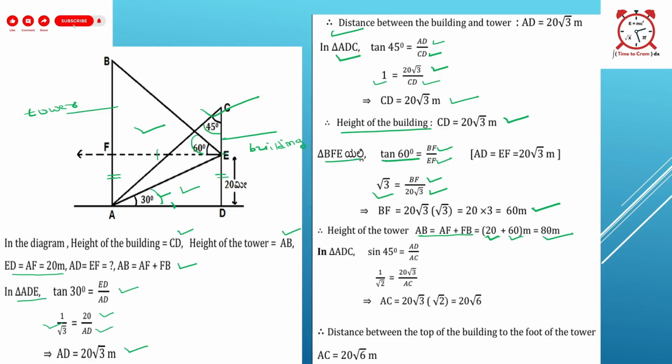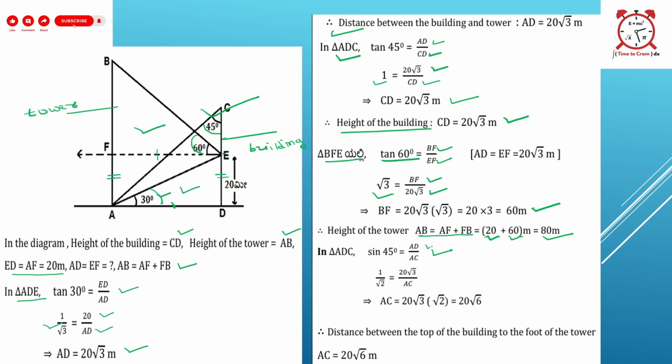Now last answer we have to find the AC. AC is what? From the top of the building C to foot of the tower A, how much distance is there? This is the AC. So for that we will take again help of angle of depression, and now we will take the ratio sin 45. We know that sin is what? Opposite upon hypotenuse.